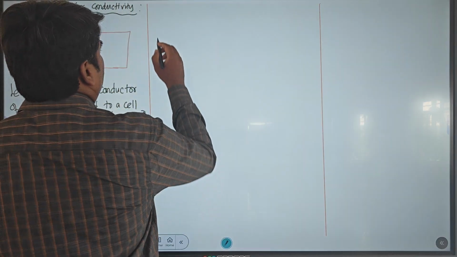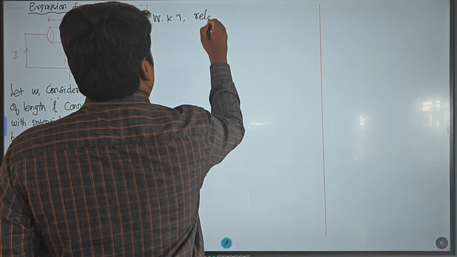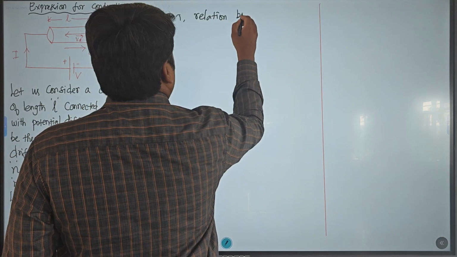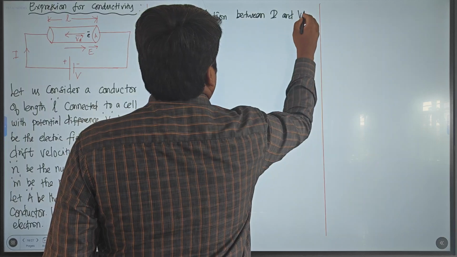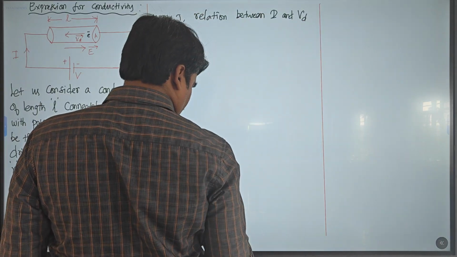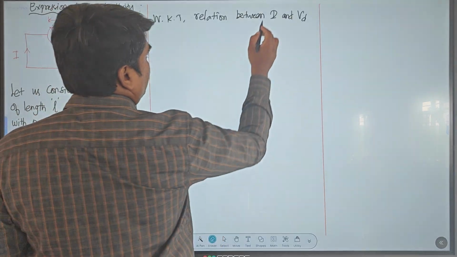Now to start with, we know the relation between I and Vd, that is, current and the drift velocity. So this is known to you people. What is the relation between them?